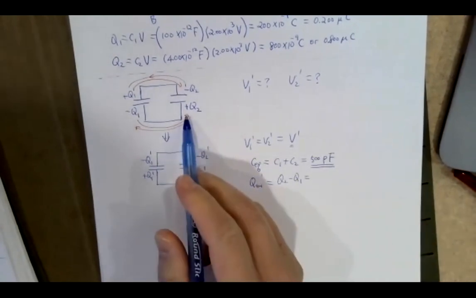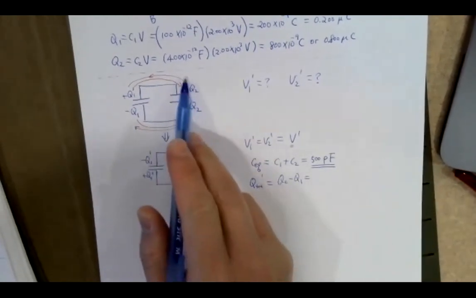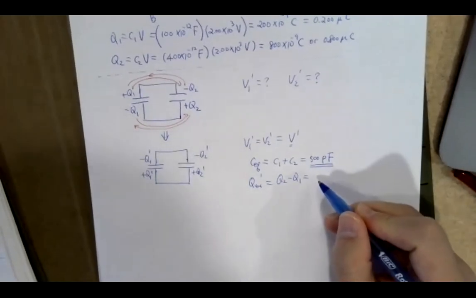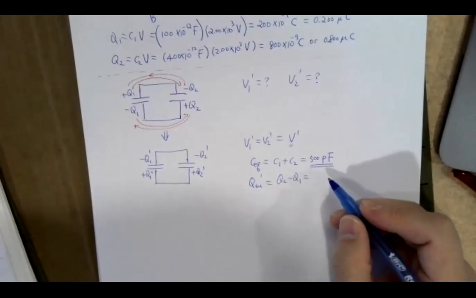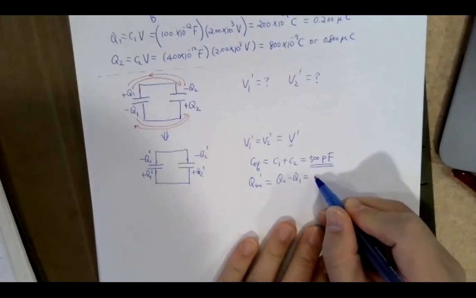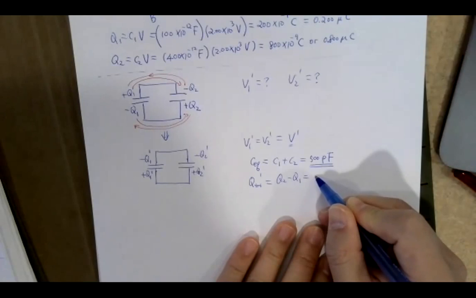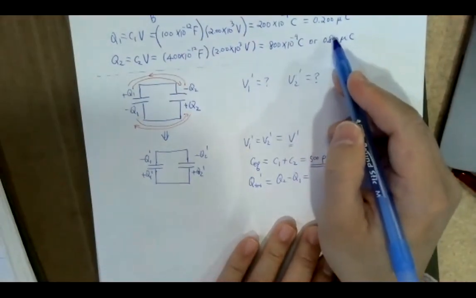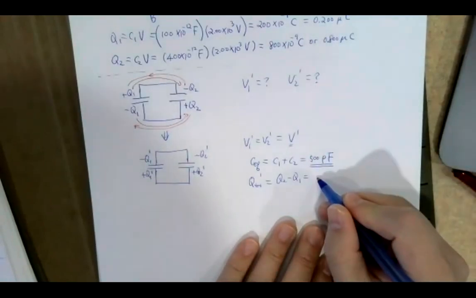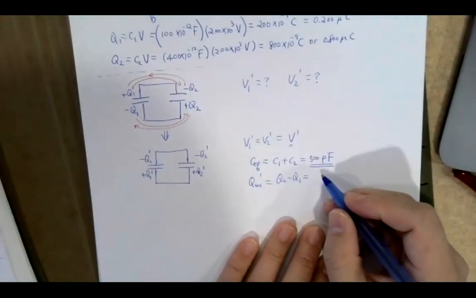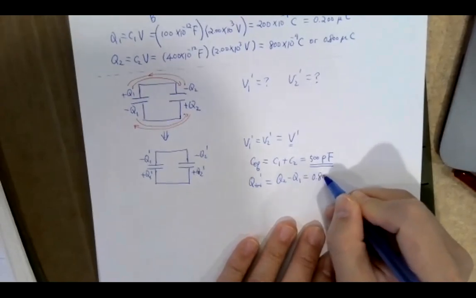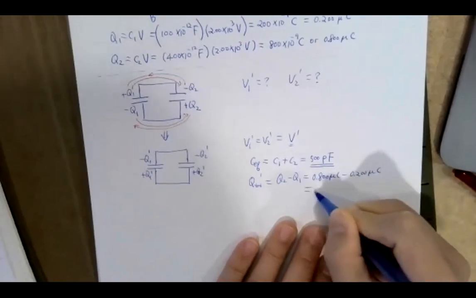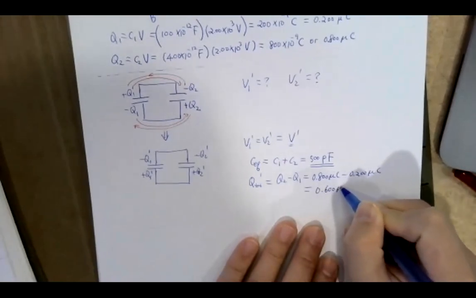On the bottom plate to be positive, and then on the top plate to be negative of that. So Q total prime is Q2 minus Q1, which is 800 nanocoulomb minus 200, or 0.8 micro minus 0.2 micro, which gives you 0.6 microcoulomb.